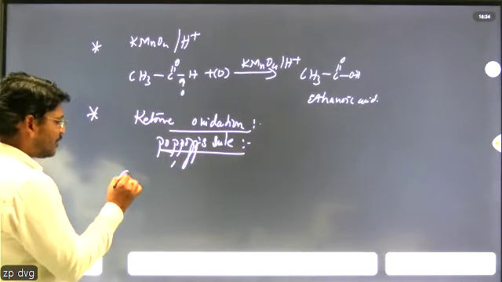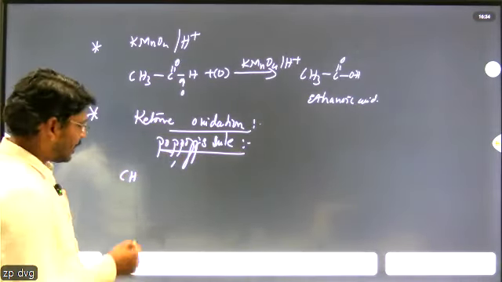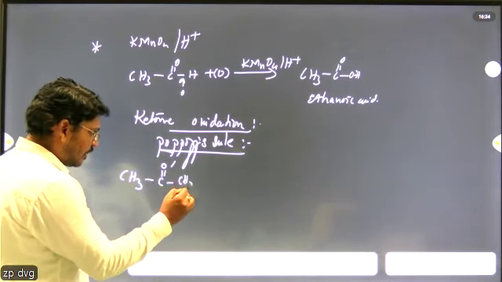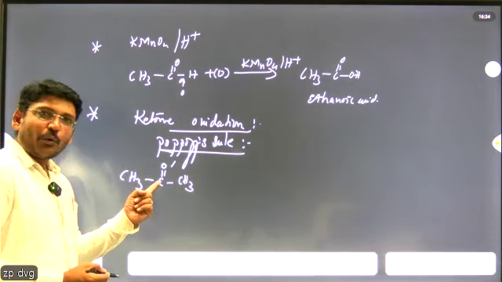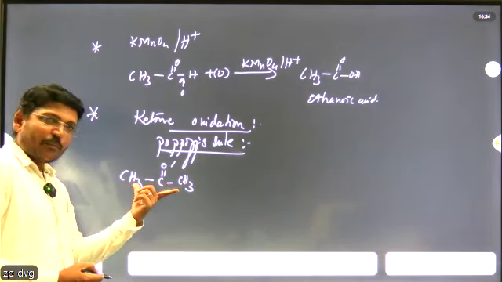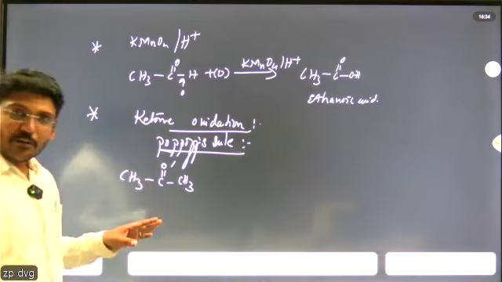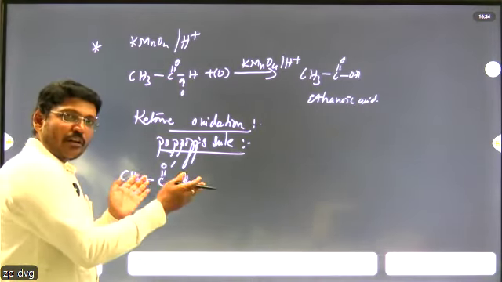If we consider symmetrical ketones as well as unsymmetrical ketones, symmetrical means CH3, C double bond O, CH3. If you observe, the carbonyl group has a similar number of carbon atoms on both sides, so that is considered a symmetrical ketone. When symmetrical ketones are there, identification of the product is very easy.